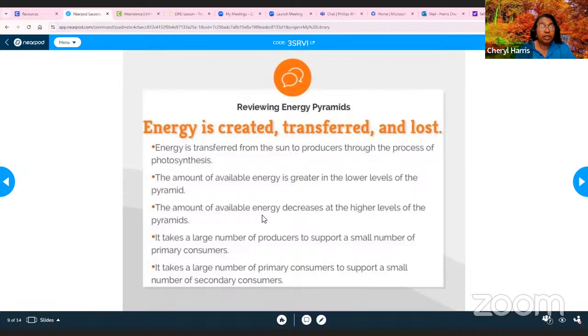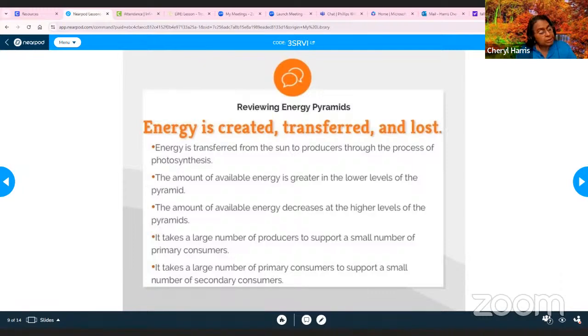Available energy decreases by 10% as you go up the pyramid. And the last one is important: it takes a large number of primary consumers to support a small number of secondary consumers. This is why we use the pyramid to show that you need that base. You need a large number of organisms just to support the organisms above.